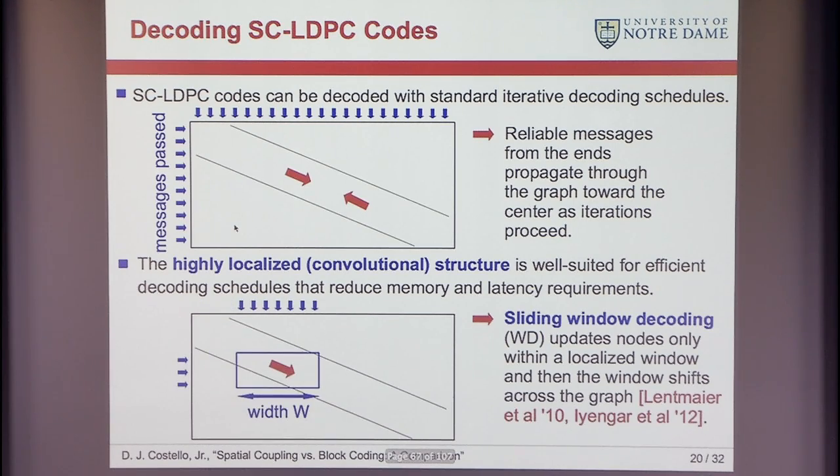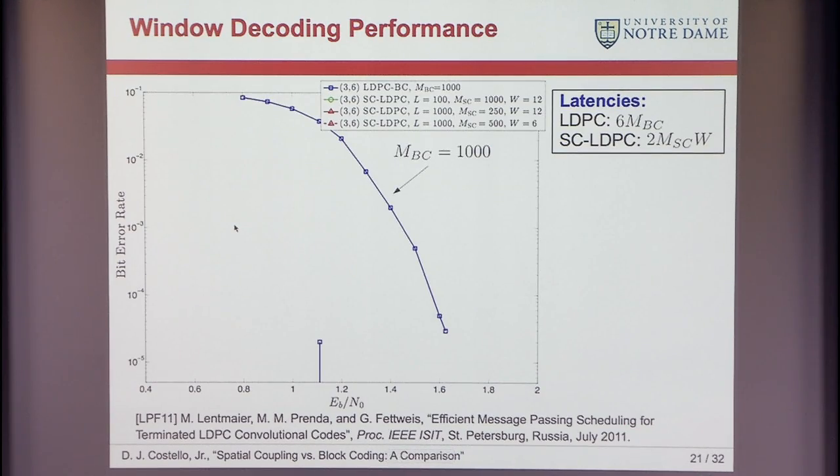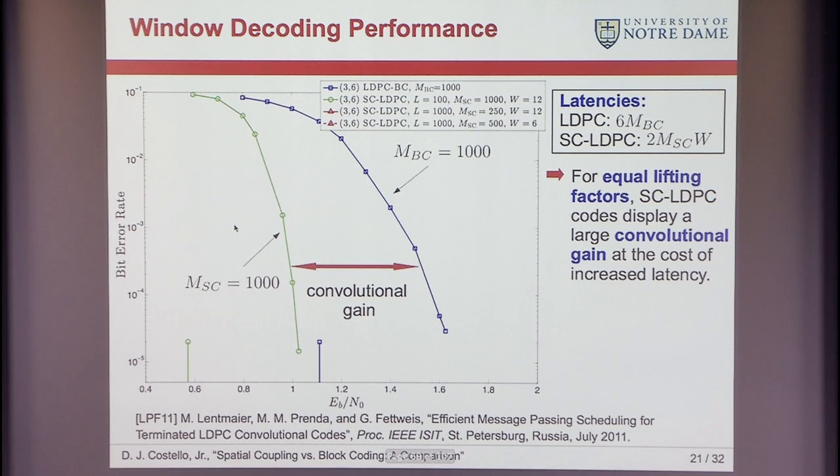So the sliding window decoder works like this, and if we compare performance, this is for a block code with a lifting factor of 1,000. These are all 3/6s. This is a convolutional code, spatially coupled code, with a lifting factor of 1,000.